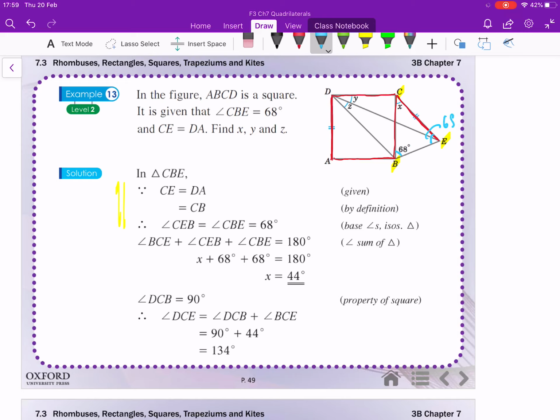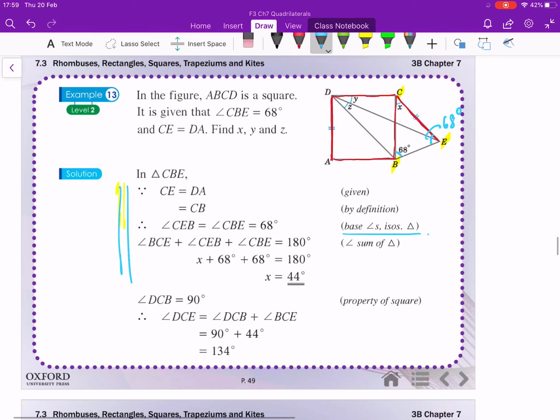Both of them are 68 degrees, base angles of an isosceles triangle. And finally, make use of angle sum of triangle. You can find out the value of X, which is 44. So a twist here is after coloring, you can see that actually triangle CBE is an isosceles triangle. Then you can do the following.